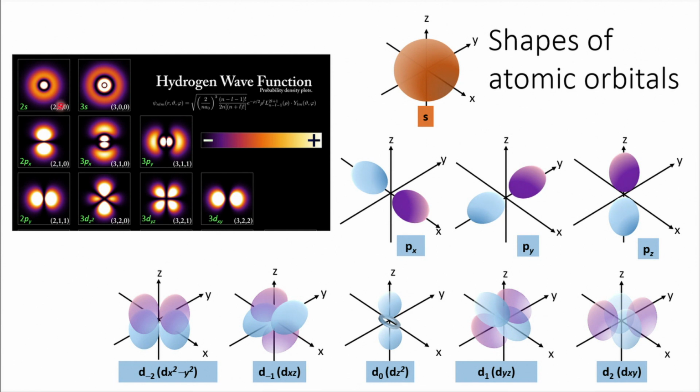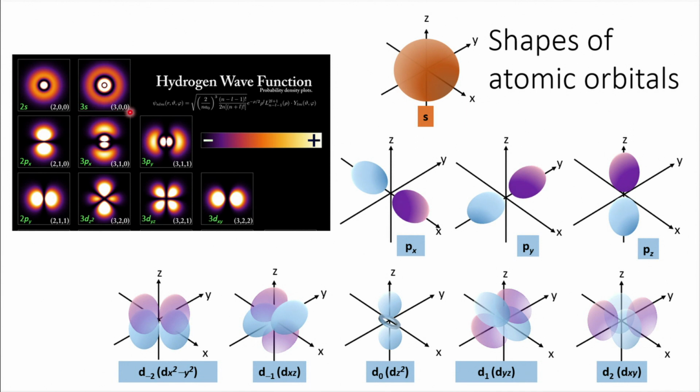When l equals 0, that represents the s orbital. So, this is the shape of the s orbital, and when we go to 300, the angular momentum quantum number is 0, that represents the s orbital. The first digit 3 represents the principal quantum number.